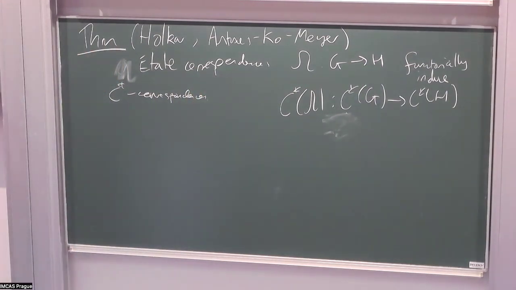The point here is that this preserves properness, and proper C-star correspondences are also known to give you maps in K-theory. So if we take proper correspondences over here, we get proper correspondences here, and we get maps in K-theory. So this is what sorts out the top level of the diagram.